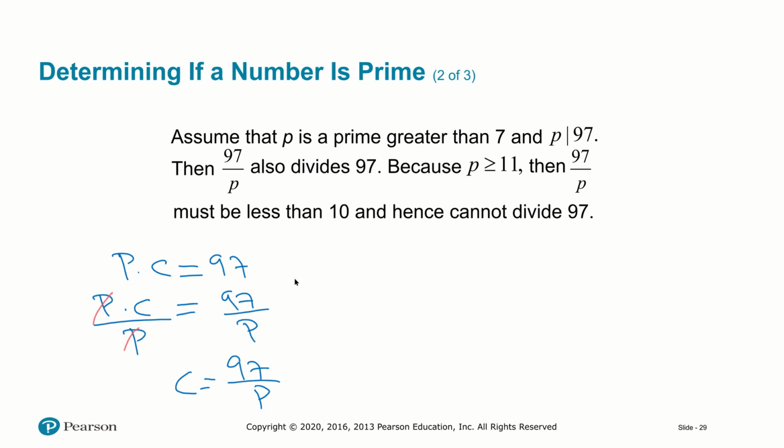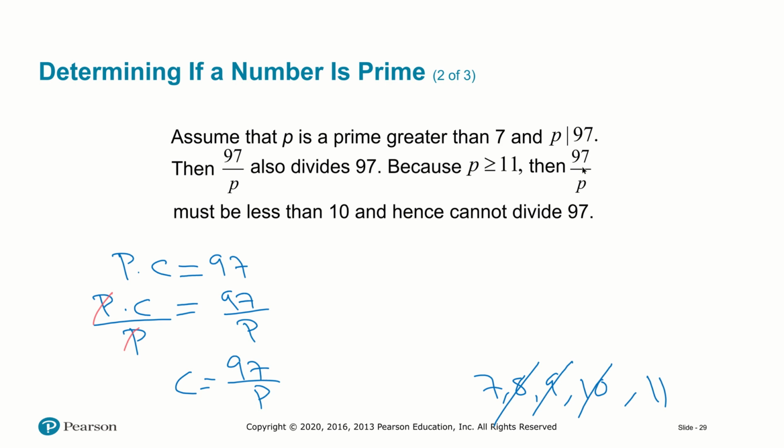Now notice that this p is going to have to be greater than or equal to 11, because remember, we already have talked about 7. So the next prime after 7, remember, there's a gap between 7 and the next prime, because what's after 7? 8, 9, 10, not prime, not prime, not prime. So the next prime is 11. So p has to be greater than or equal to 11, right?